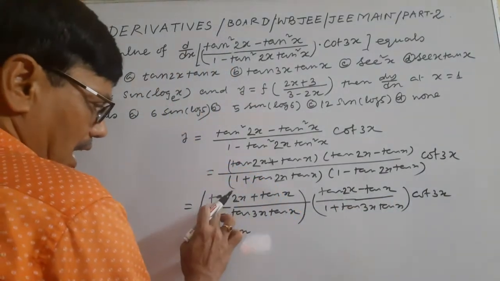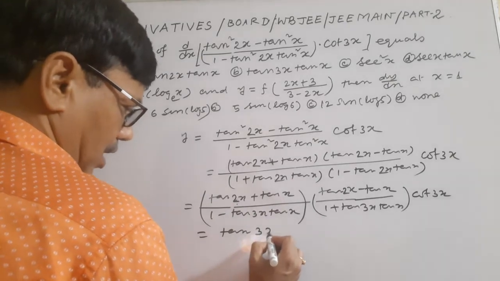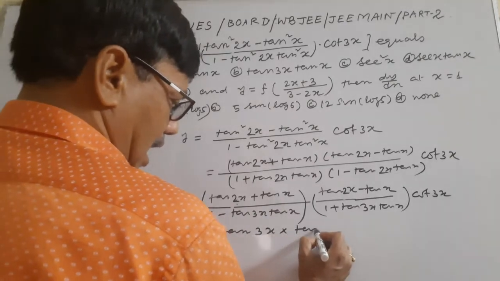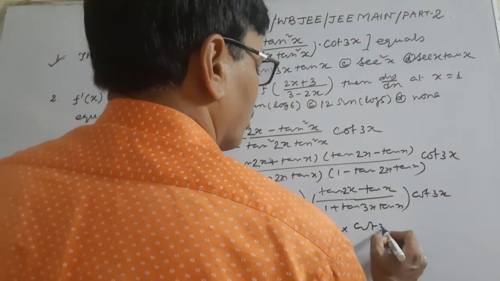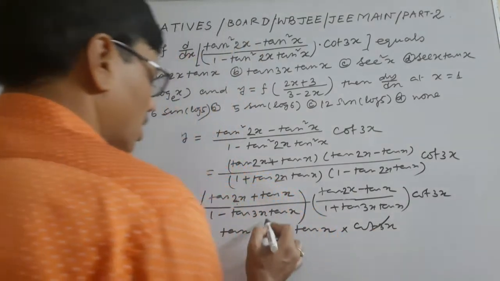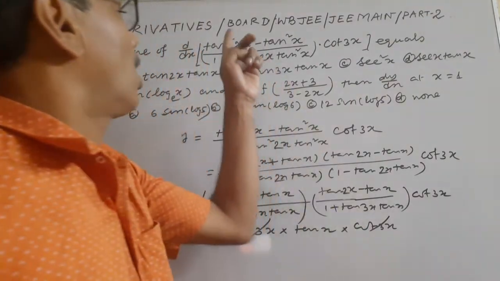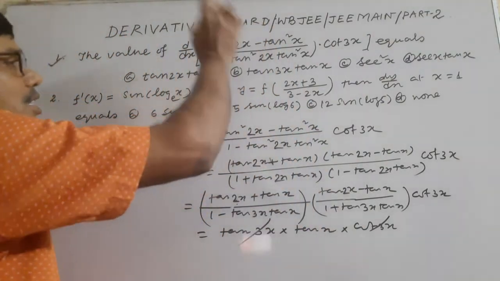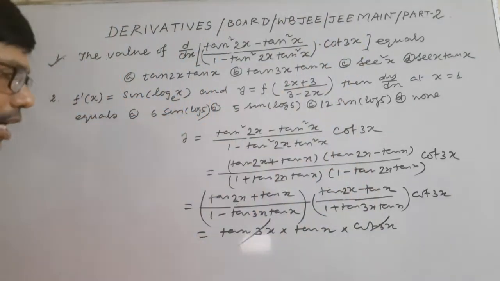Now, tan(a plus b), tan(2x plus x), so this is tan 3x. This is tan x, tan(a minus b), and this is cot 3x. So, cot 3x and tan 3x cancel out. That is why we are changing this to 3x, otherwise it will be 4x. But this is cot 3x.